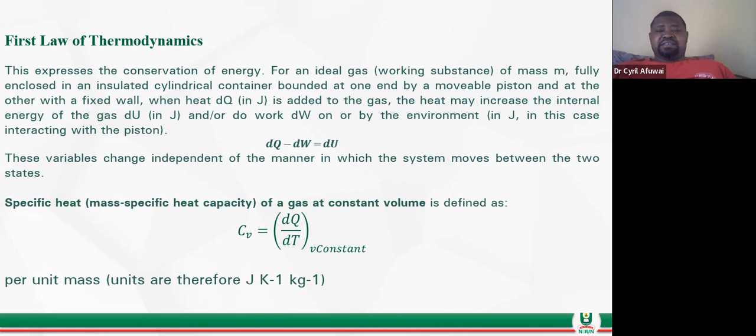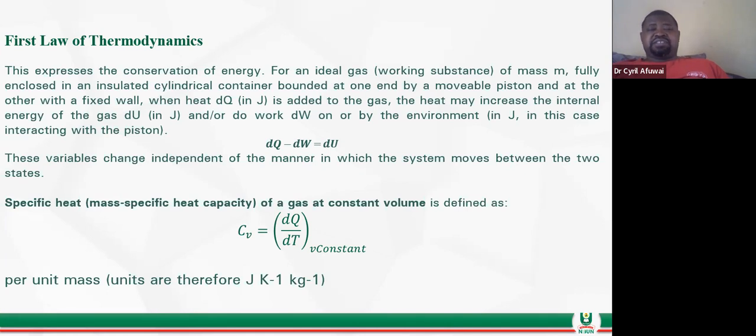For an ideal gas, working substance of mass m, fully enclosed in an insulated cylindrical container. When they say insulator, what does that mean? It means a substance that cannot conduct electricity, even heat, you know? So bounded at one end by a movable piston and at the other with a fixed wall.